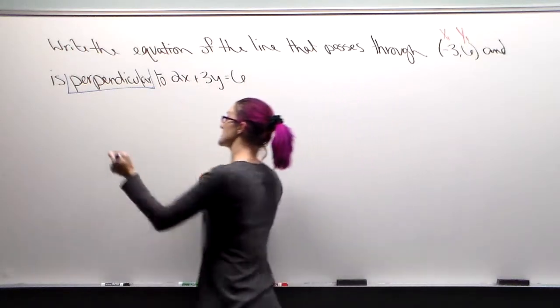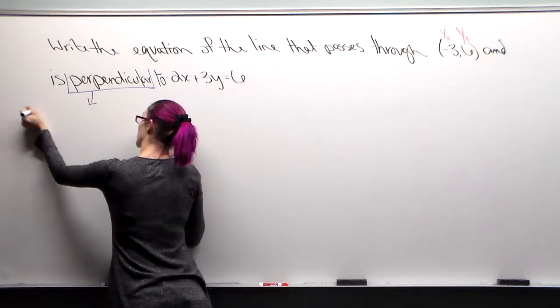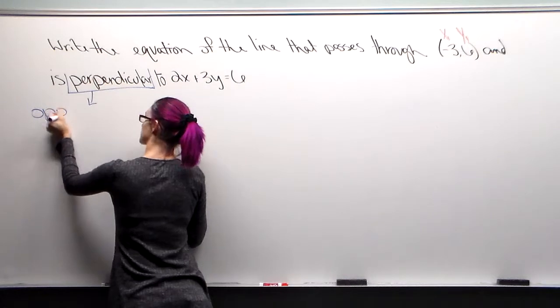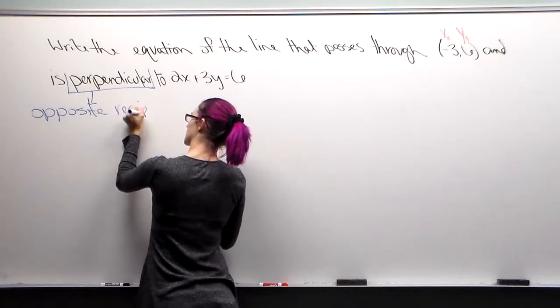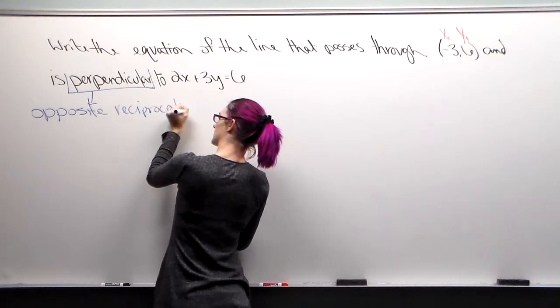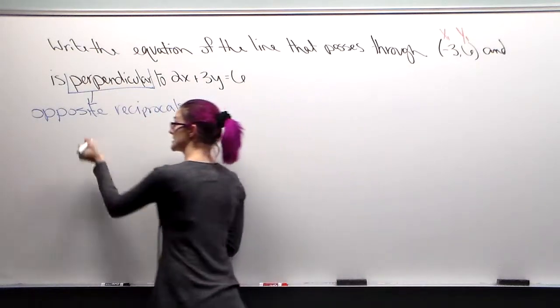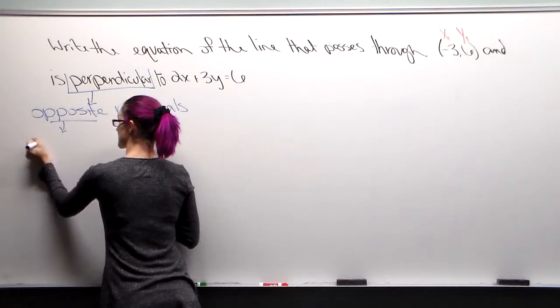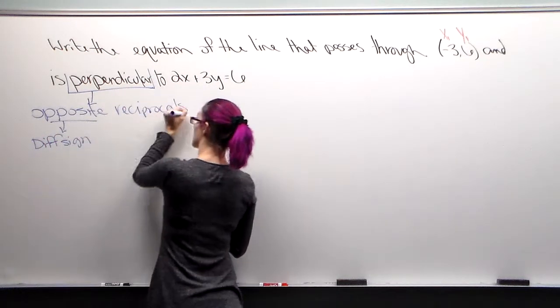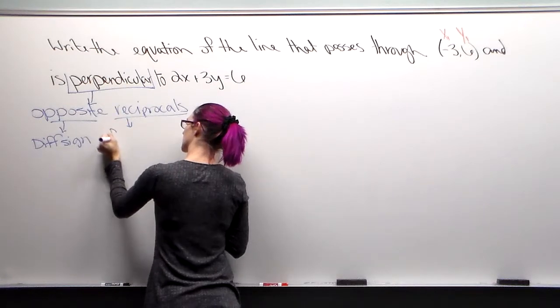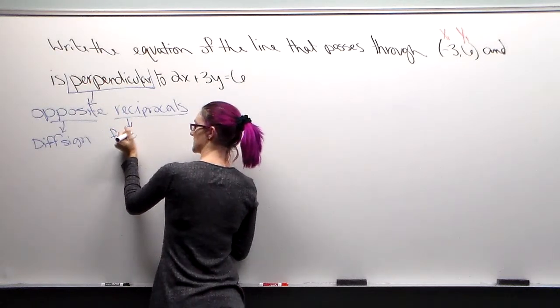So they're telling us it's perpendicular. Perpendicular means these slopes are going to be opposite reciprocals. The word opposite means a different sign, and the word reciprocals means the fraction is flipped.